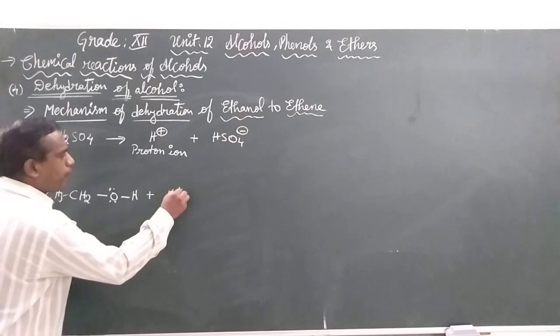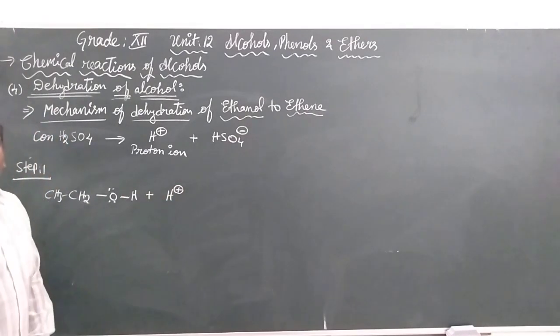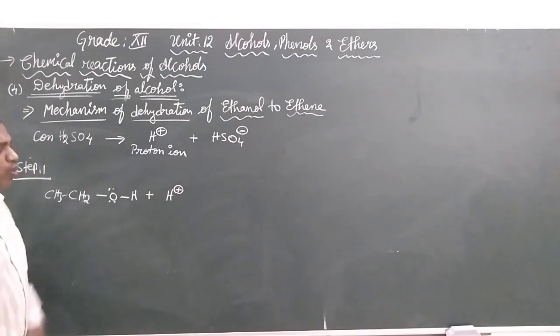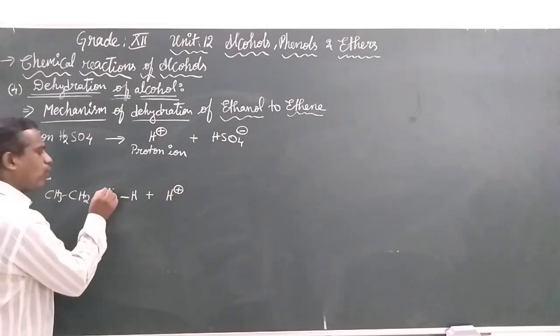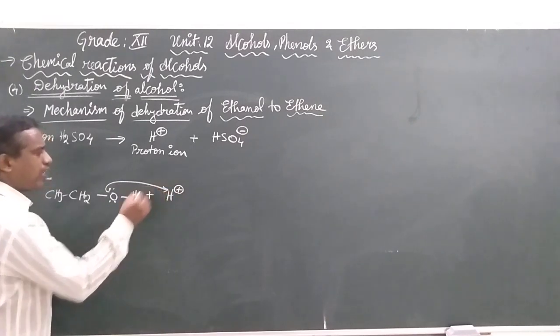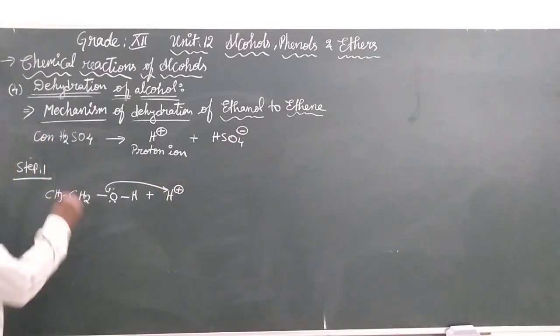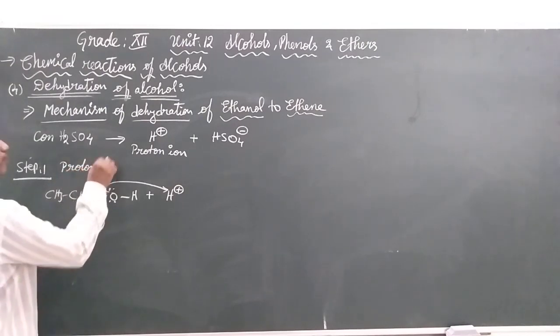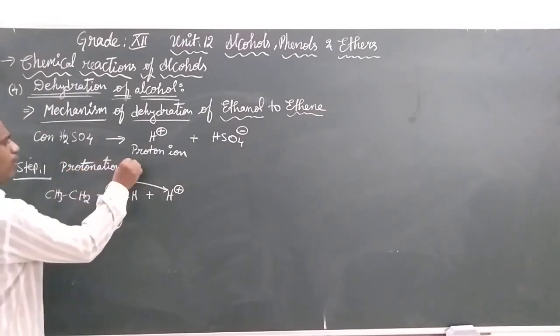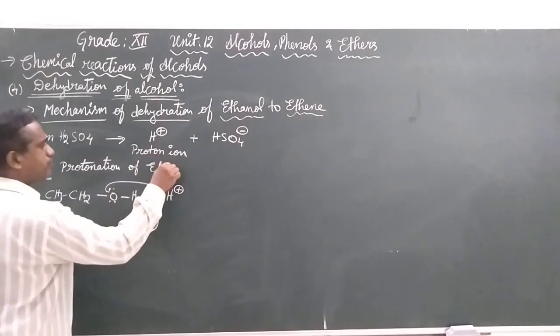It will be protonated. Ethanol is going to be protonated because H plus is an electrophile and the lone pairs will be donated to the electrophile. So step 1 we call protonation of ethanol.